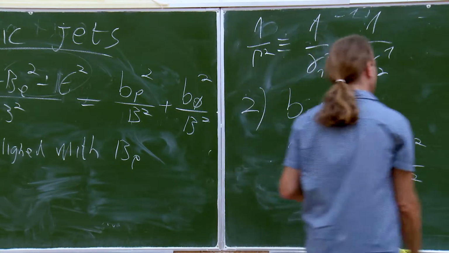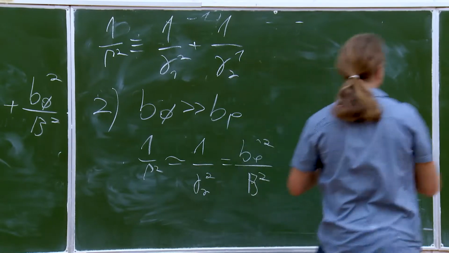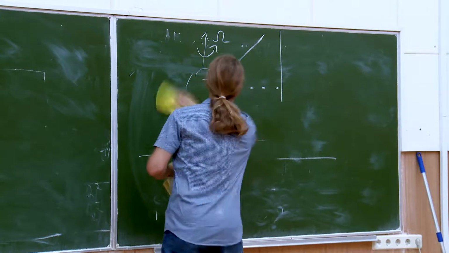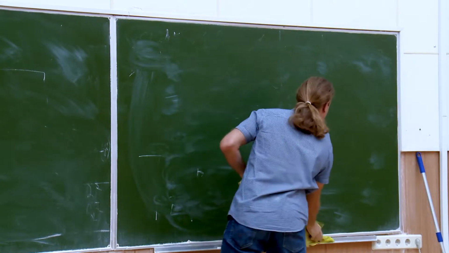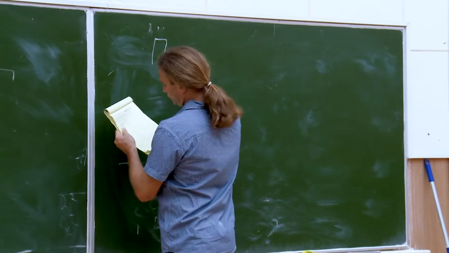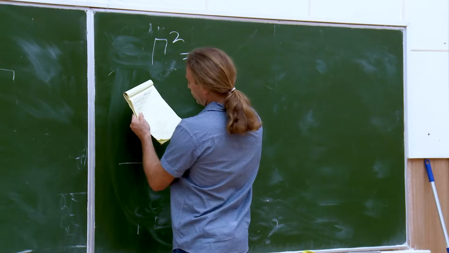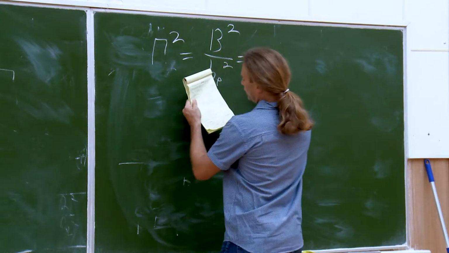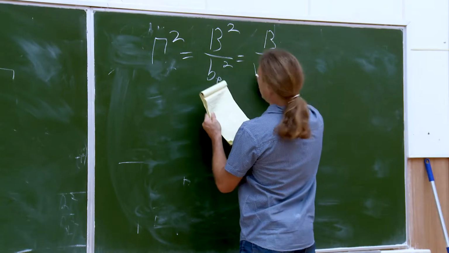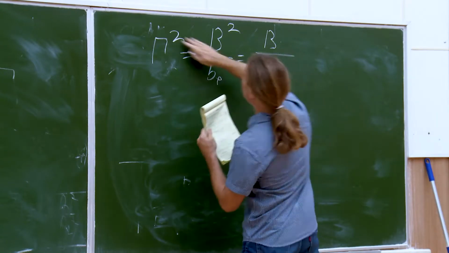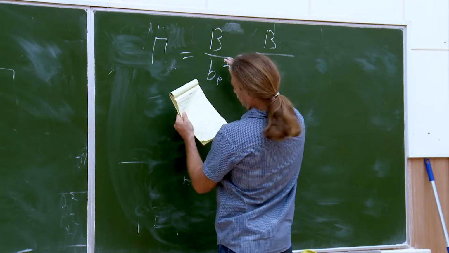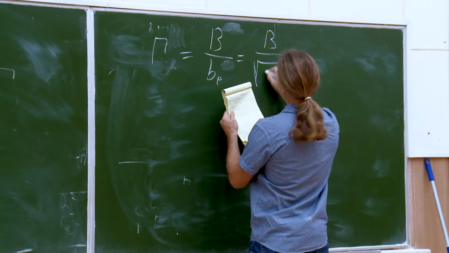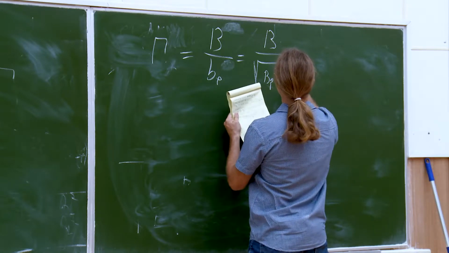So in this limit, gamma square is equal to B squared divided by B phi square, and this is equal to B divided by the square root of BP square minus E square.